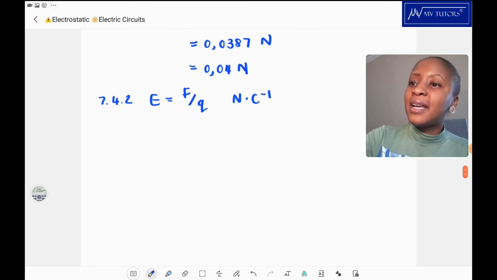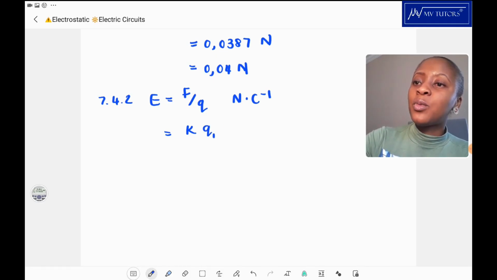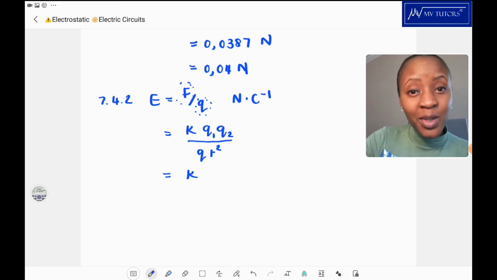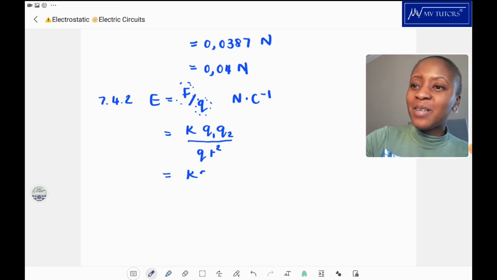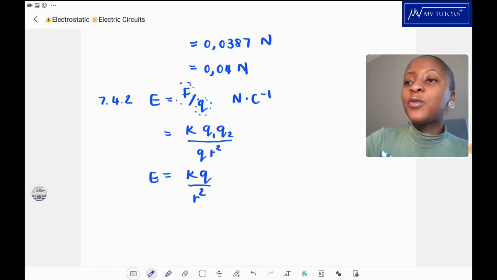And we know that our force is the constant K times Q1 times Q2 over R squared. That's the F part of it. But you still have this Q, so we need to put it down. If we simplify it, one of the Q's is going to cancel out, so you're only left with KQ over R squared. So that is your formula.